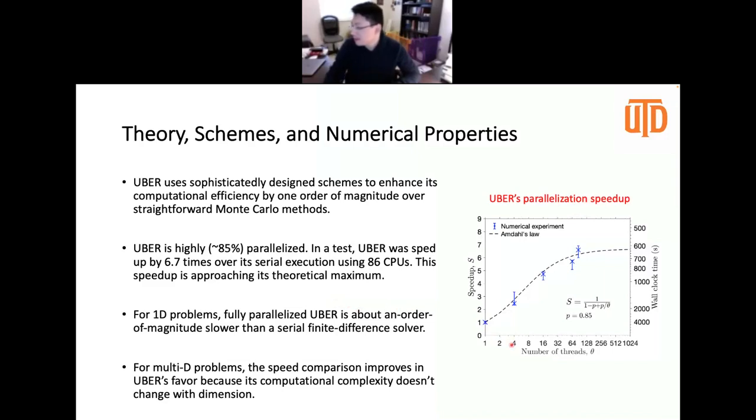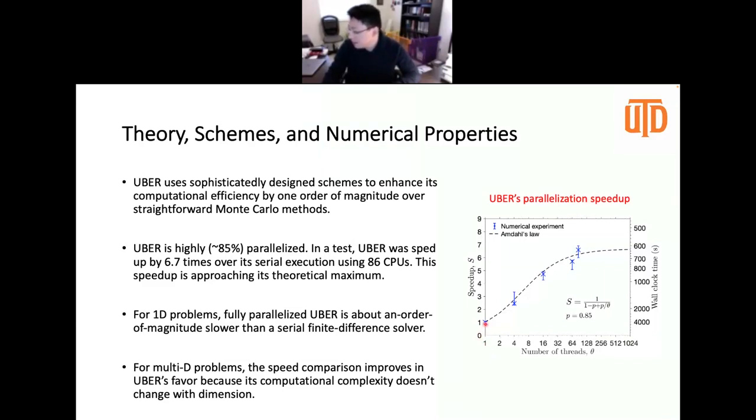This is a numerical experiment that we did. The x-axis is the number of CPUs we use. The y-axis is the speed up. A speed up of 2, for example, means that the code runs at a speed twice as fast as its serial execution.